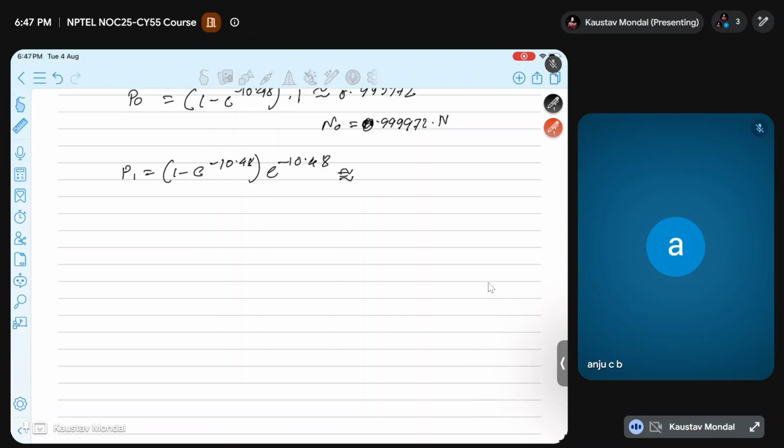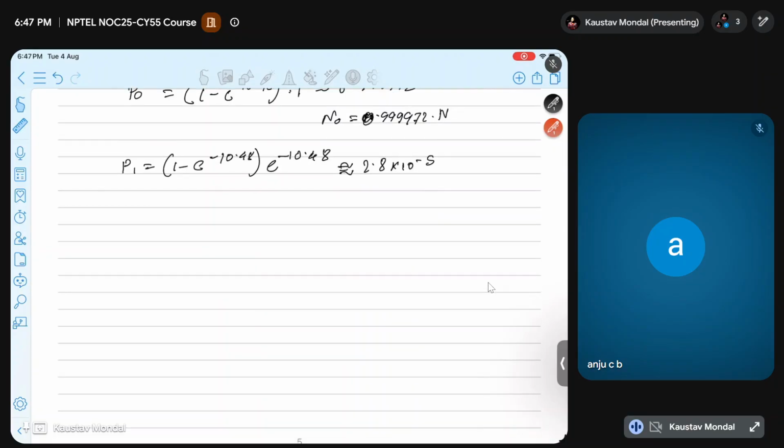If you calculate it, it will roughly give you 2.8 into 10 to the power minus 5. So as you can see, a very small fraction of molecules are in the first excited state, of the order of 10 to the power minus 5. So this is very little.